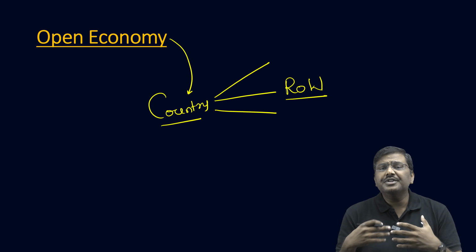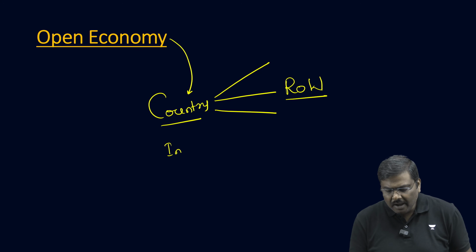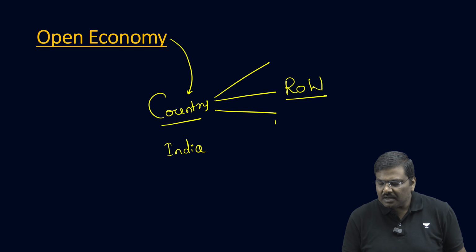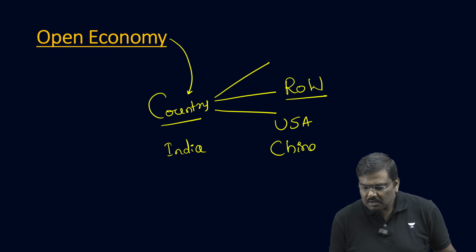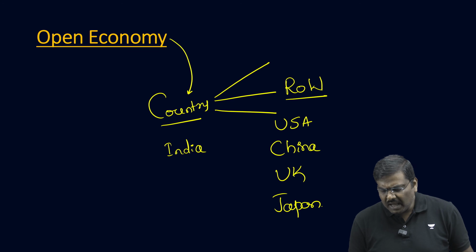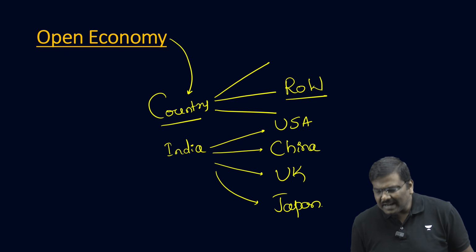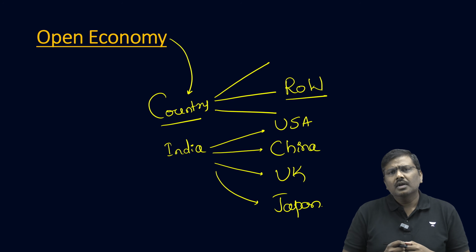Now, what kind of transactions are you looking at? Let me take an example here. India and, let's say, the rest of the world: USA, China, UK, Japan, etc. Is it okay if I say India will export goods and services to many of these countries and India also imports goods and services?